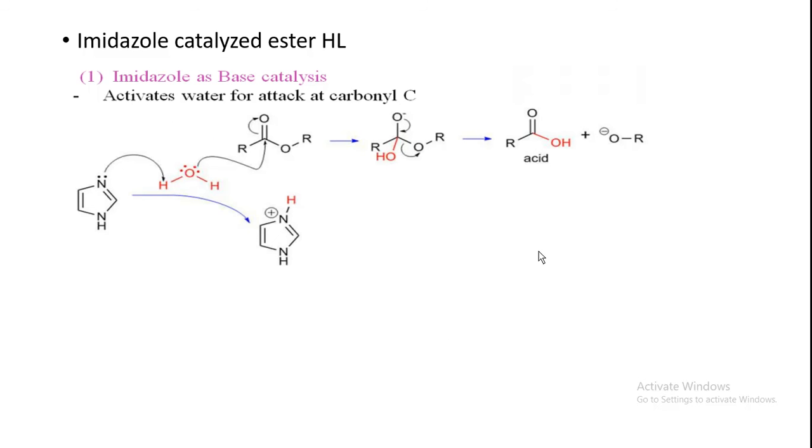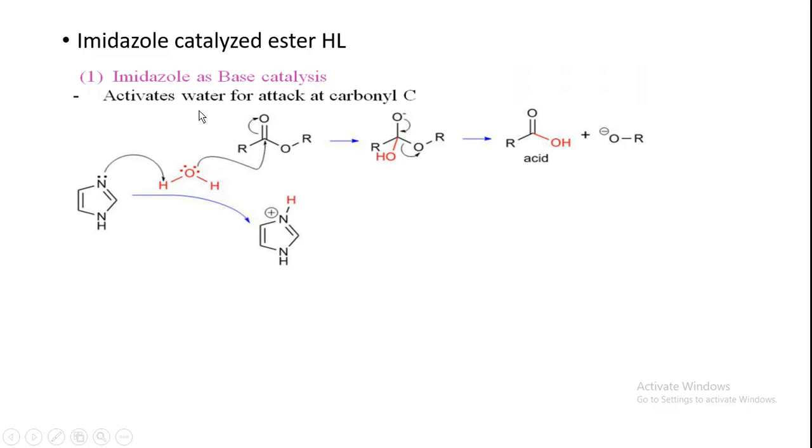The next, imidazole catalyzed ester hydrolysis. So imidazole sometimes acts as a catalyst. Imidazole will be reacting as a catalyst in a reaction. Here you see imidazole is used in this reaction as a base catalyst.